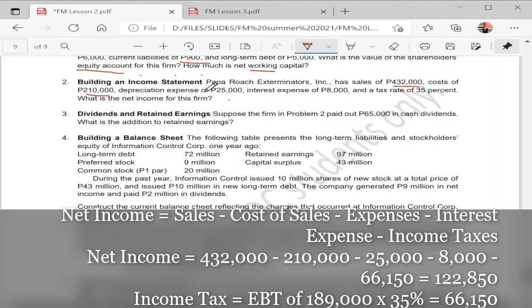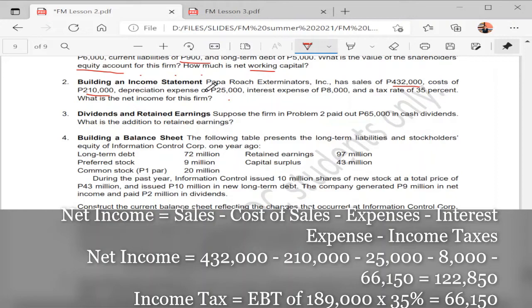But we can proceed directly. We can deduct automatically the 8,000. We will get 189,000. That is our earnings before tax. So earlier we have the EBIT, earnings before interest and taxes. This time, after we deduct the interest, this will be called your EBT, earnings before tax.